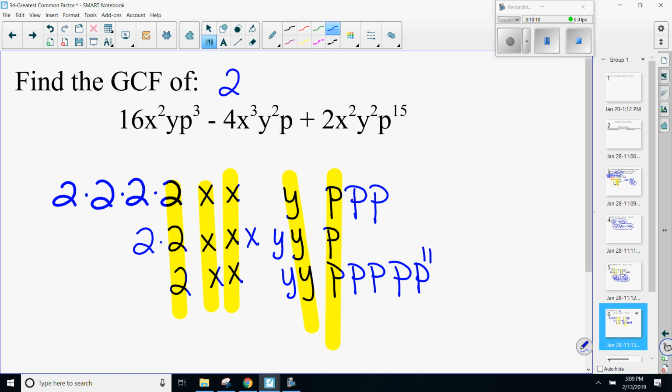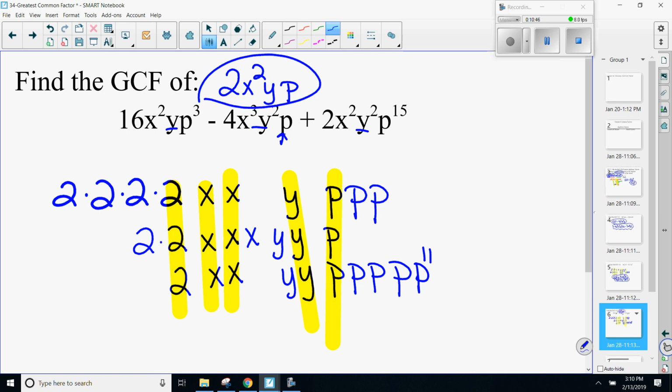What is that? X squared. That's where we get this right here. We have y to the first. Well, there's a y in every single term, which has to be. If it only occurs in 2 of them, you can't factor it out. And the smallest power of y is to the first, which is what we got in our highlighting, and p to what power? The first. The smallest one is right there. There's your greatest common factor.